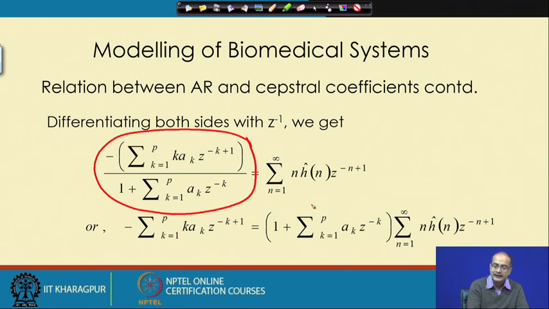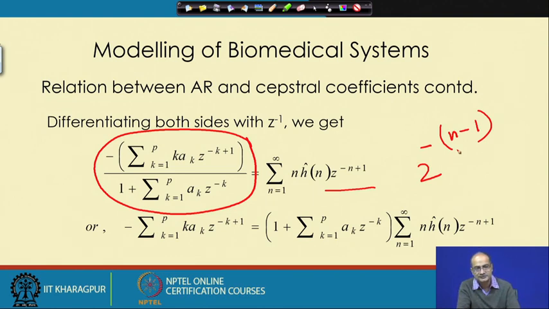In the right-hand side we get n times h hat n as the coefficients of z to the power minus n plus 1, or z to the power minus (n minus 1).